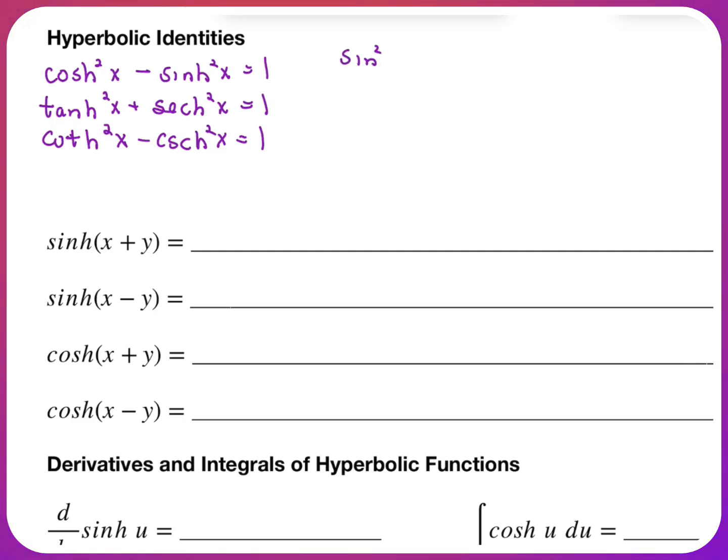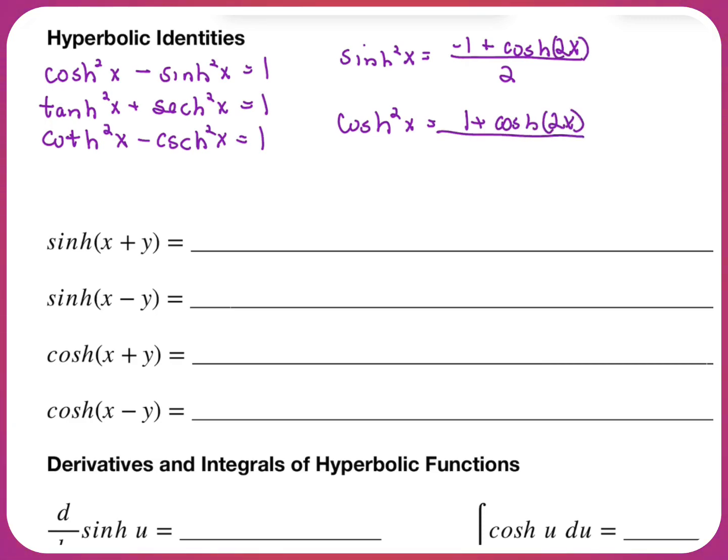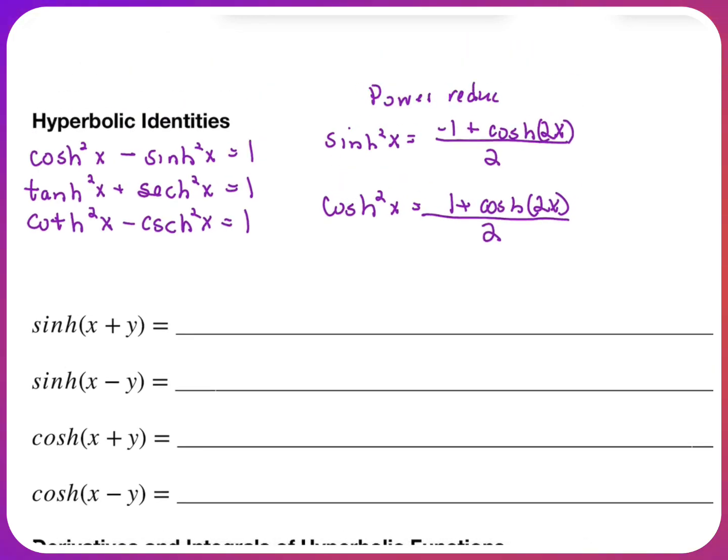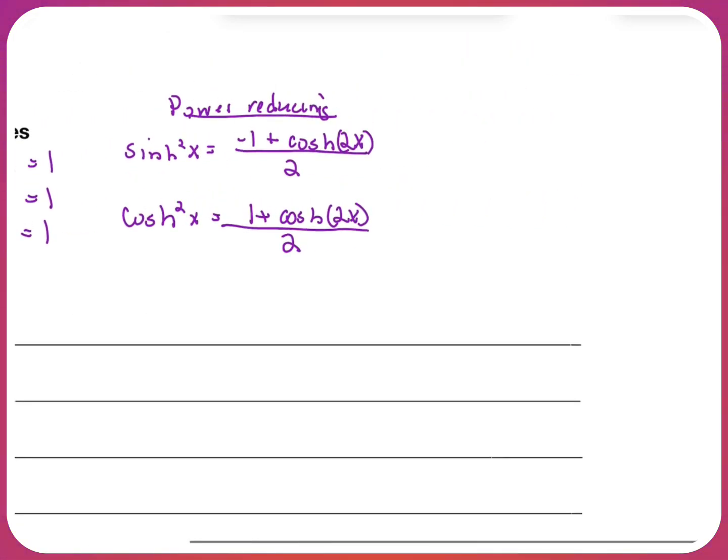Now our power reducing formulas: if we take the square of the hyperbolic sine function, that is equal to negative 1 plus the hyperbolic cosine of 2x, divided by 2. Our hyperbolic cosine function squared is equal to 1 plus the hyperbolic cosine of the double angle 2x, divided by 2. And also sometimes you'll need your double angle formulas.